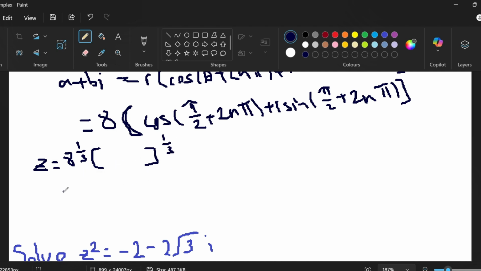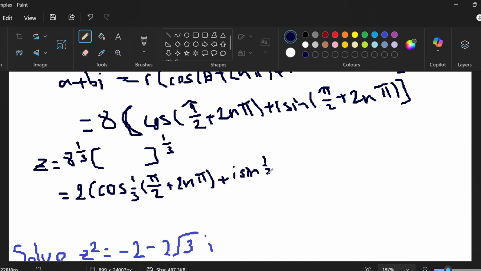And this, if I wrote it all out, would give me 8 to the power of 1/3, which is 2, times cos 1/3 times pi over 2 plus 2n pi, plus i sine 1/3 times pi over 2 plus 2n pi.